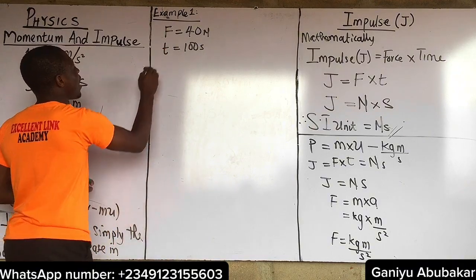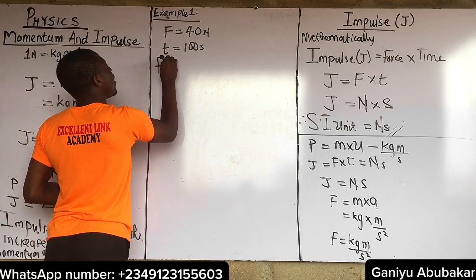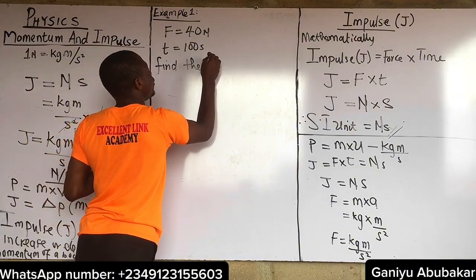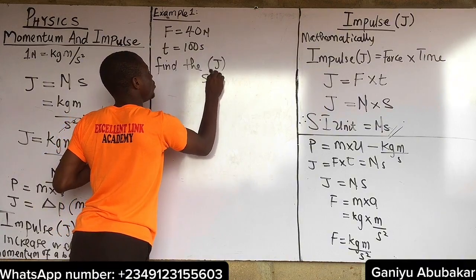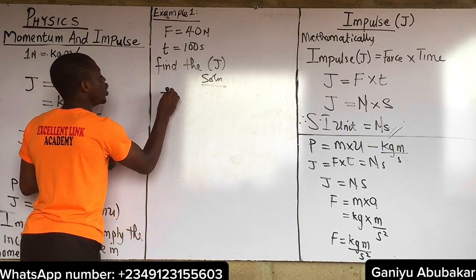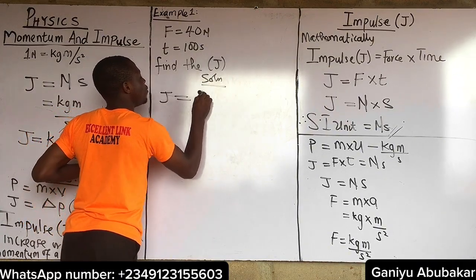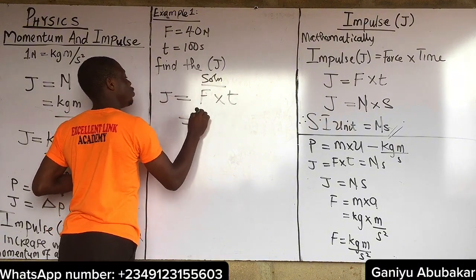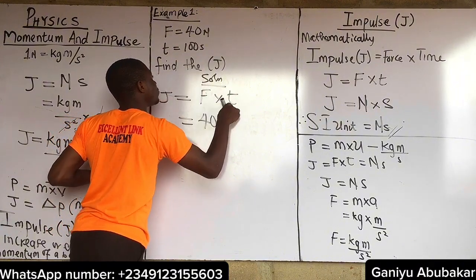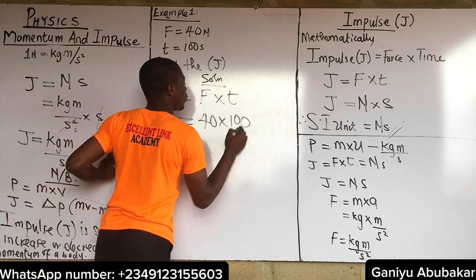The question says find the impulse, that's J. From here now, solution: what we know is that impulse J is equal to force times time. What's force here? 40 Newton times what's my time here? 100 seconds.